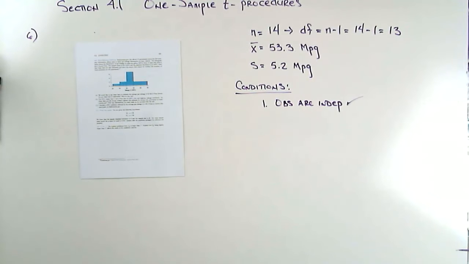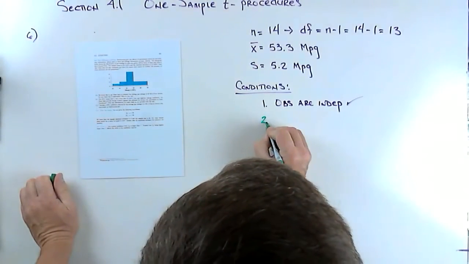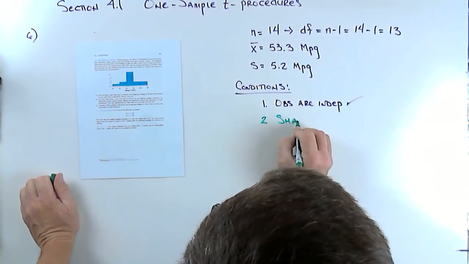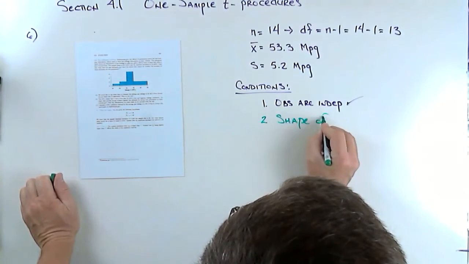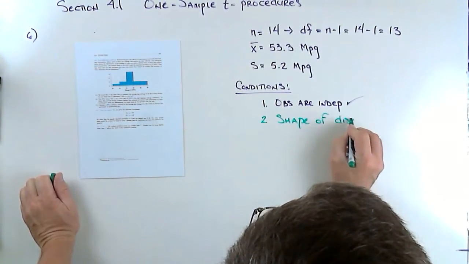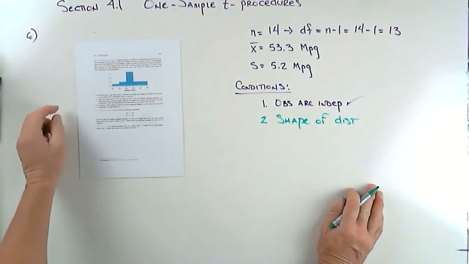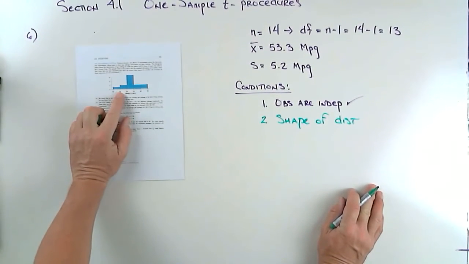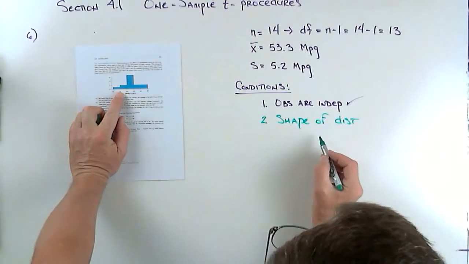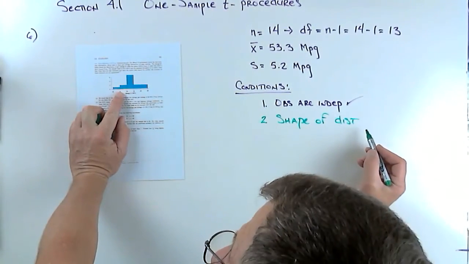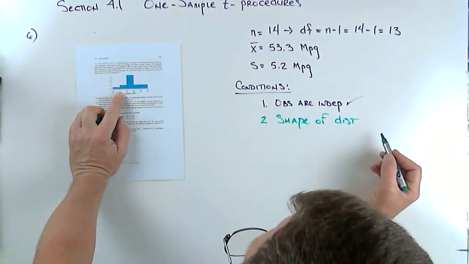Then we need to talk about, is this or is this not nearly normal? And then how do we do that, right? We got to talk about the shape of the distribution. I told you in class, I often like to just make a stem and leaf plot, but we don't have the data here. But they did give us a histogram. So you would want to say, based on the given histogram, the shape of the distribution is nearly normal.